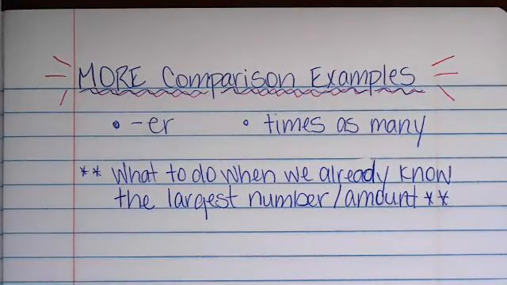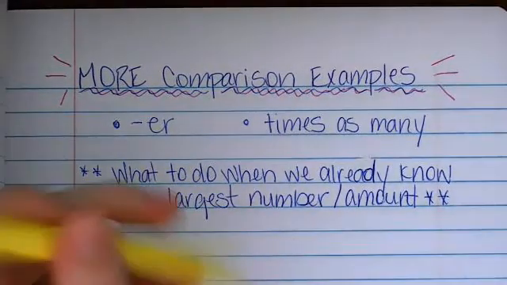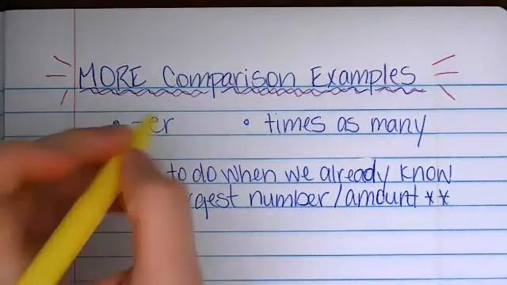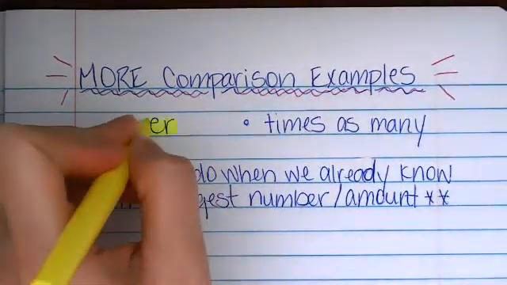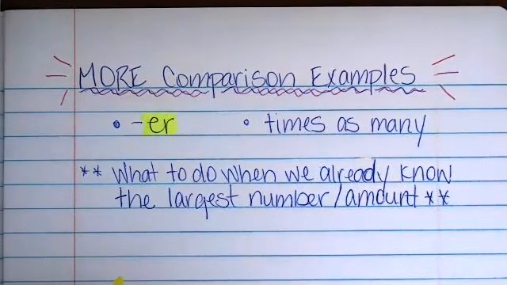We are going to work again on more comparison problems, offering some more examples on how to solve problems using comparison situations. Again, I want to bring your attention back towards the end in ER, like faster, slower, taller, shorter, whatever. Those words that end in ER tell us that we are comparing.